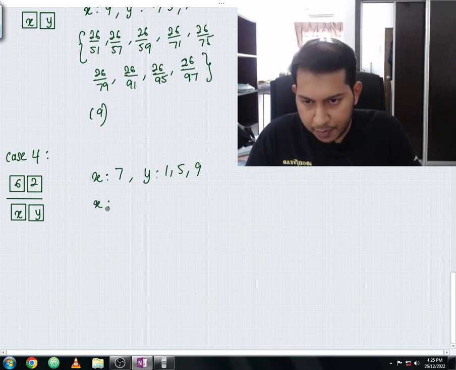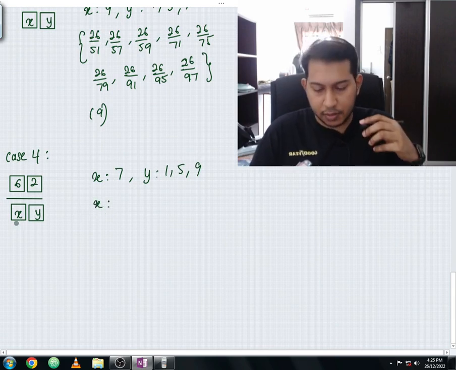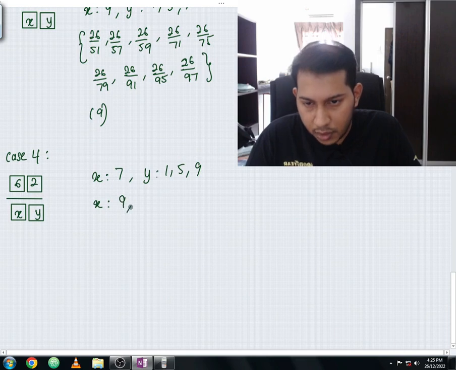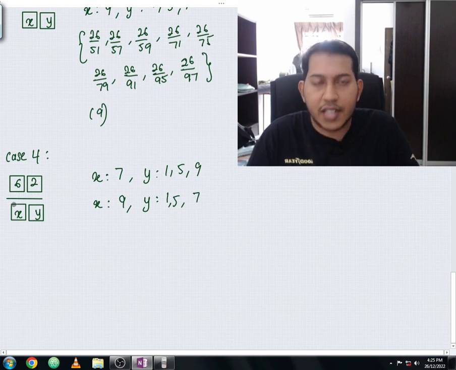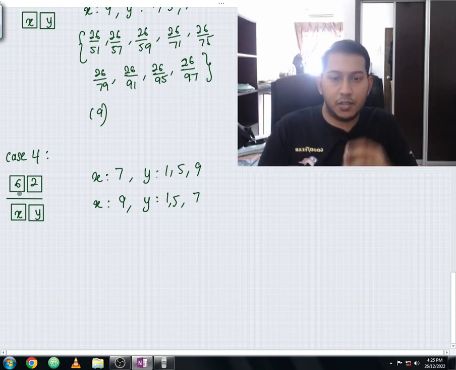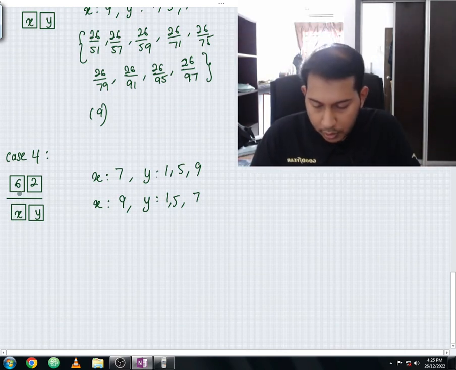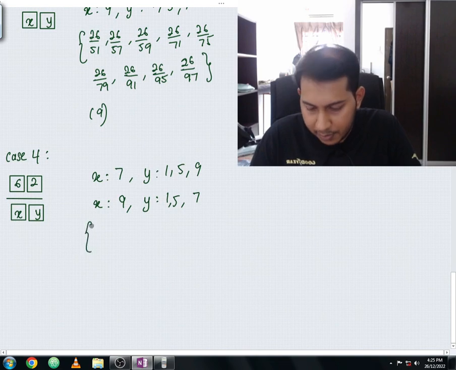Second option, you can have x equals to 9, where your y is equals to 1, 5 and 7. Of course, you cannot have 1 and 5 at the x position here, guys. We need to form a proper fraction, so that is the reason. So let me write the total outcomes.